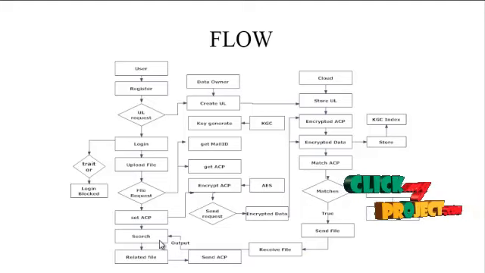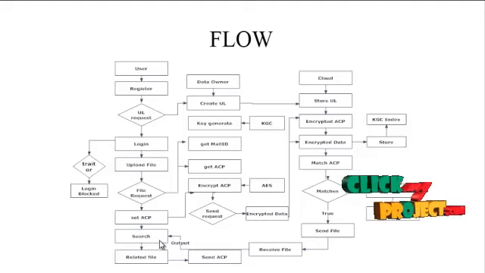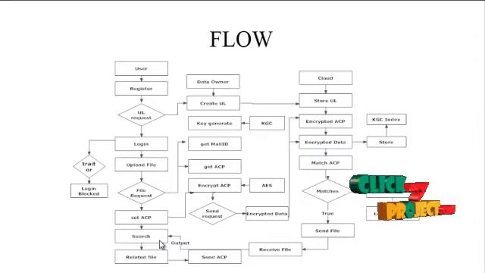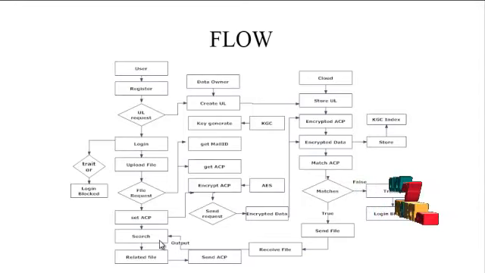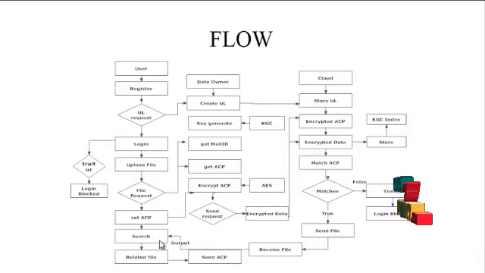Once they enter the query, it will be sent to the cloud. The cloud matches the file with the corresponding ACP. If the ACP does not match more than 5 times, the user will be identified as a traitor and the login will be blocked. Then the user can't download, upload, or log into their account.